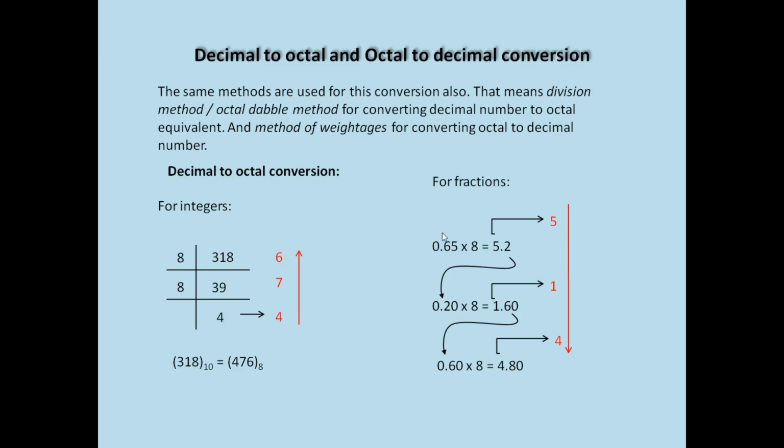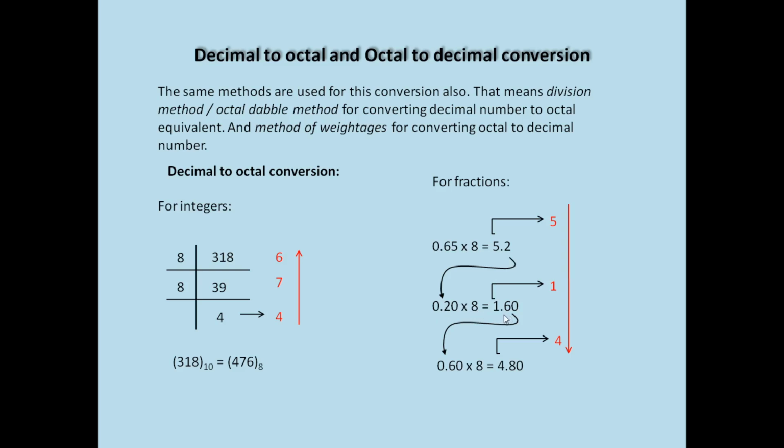If we consider 0.65 as the fraction part, then it will be multiplied by 8, the radix of the octal number system. From the product, the integer part is taken aside as a carry and the fraction is again multiplied by 8. So this fraction 0.20 is multiplied by 8.